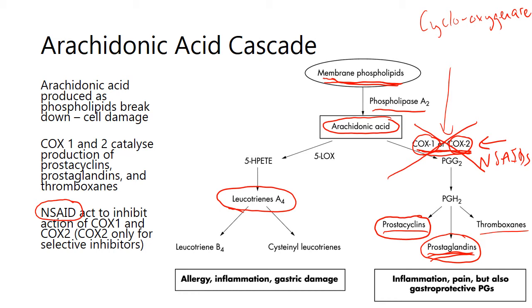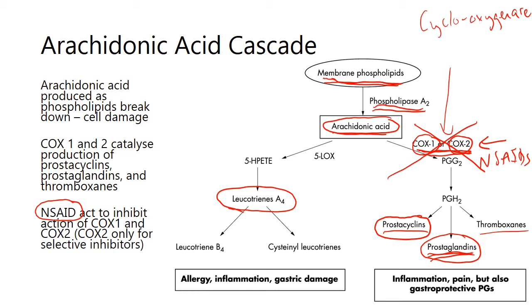This is then transformed by our phospholipase enzyme into arachidonic acid, which is then cascaded down this right-hand side via our cyclooxygenase enzymes that produce these three types of chemicals. In particular we're thinking about prostaglandins, which have both a pro-inflammatory role as produced by cyclooxygenase 2 and a housekeeping role as produced by cyclooxygenase 1.